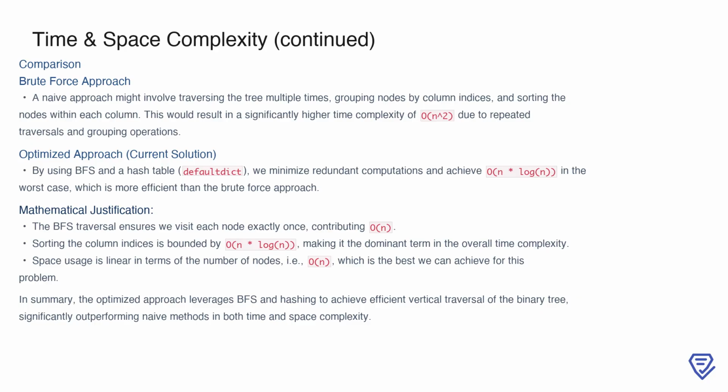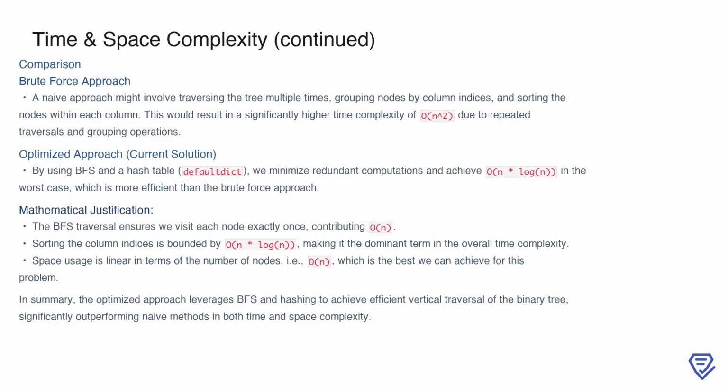When comparing this optimized approach to a brute force method, the difference in efficiency is quite clear. A naive approach might involve multiple traversals of the tree, grouping nodes by column indices, and sorting nodes within each column. This results in a much higher time complexity of O(n²), due to repeated traversals and redundant computations.